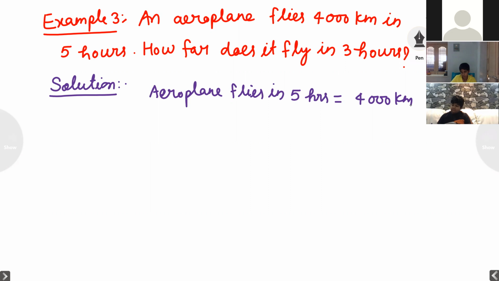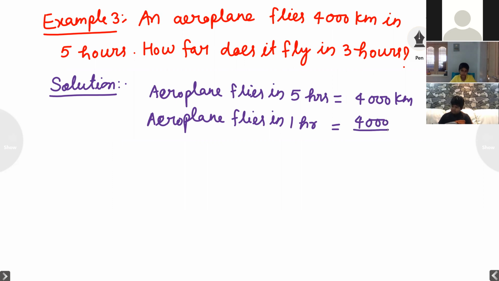Firstly, I want to find out aeroplane flies in 1 hour is equal to multiplication or division? Division. 5 hours 4,000 kilometer. I want to find out 1 hour. 5 to 1, time is decreasing. Then 4,000 will decrease or increase? It will decrease. 4,000 divided by 5.